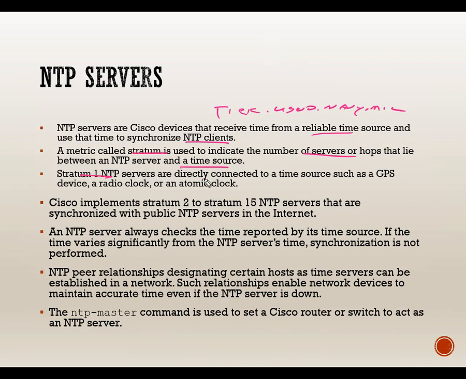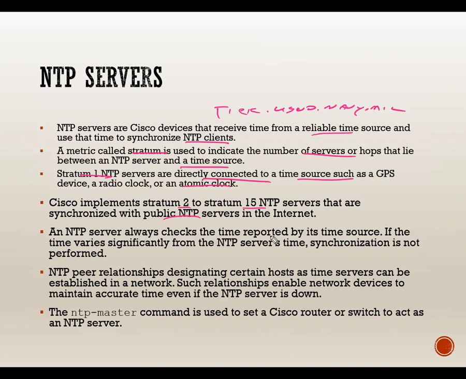Stratum 1 servers are directly connected to the time source: a GPS device, radio clock, or atomic clock, the devices that world time is based on. So Stratum 1 is directly connected to these things, and Cisco uses Stratum 2 to Stratum 15, which are synchronized with public NTP, Network Time Protocol, servers on the internet.